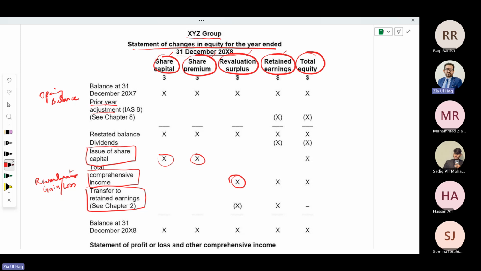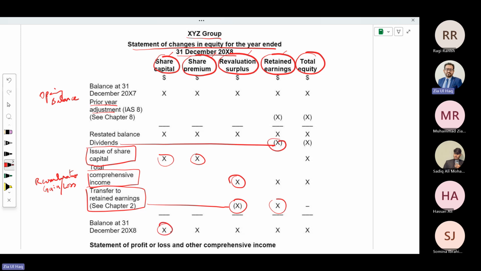If you have revalued any asset and you are going to sell it, the amount relating to revaluation in revaluation surplus, we transfer to where? To retained earnings, by revaluation surplus debit and retained earnings credit. So regarding that adjustment, we need to provide it here. And if the company has paid any dividend during the year, that will be deducted from retained earnings.